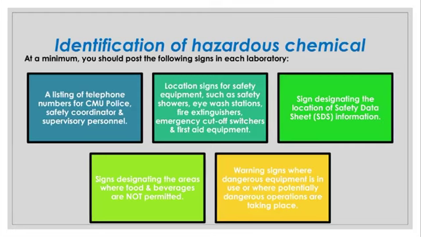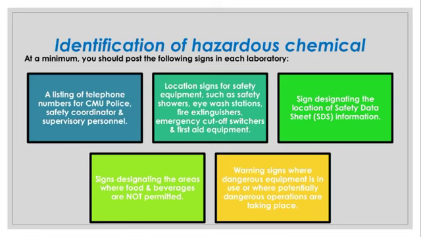For identification of hazardous chemicals, at a minimum you should post the following signs in each laboratory. First, a listing of telephone numbers for the police and safety coordinator and supervisory personnel. Second, location signs for safety equipment such as safety showers, eye wash stations, fire extinguishers, emergency cut-off switches, and first aid equipment.